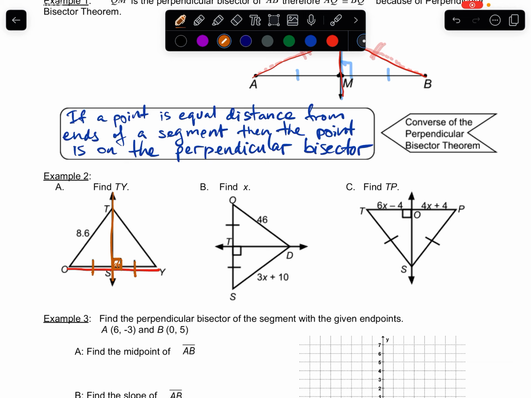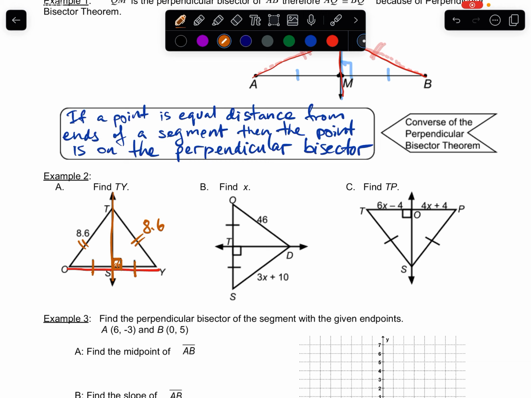Okay, so ST must be a perpendicular bisector. Now, if it's a perpendicular bisector, that means the distances OT and TY must be the same. So this is also 8.6.